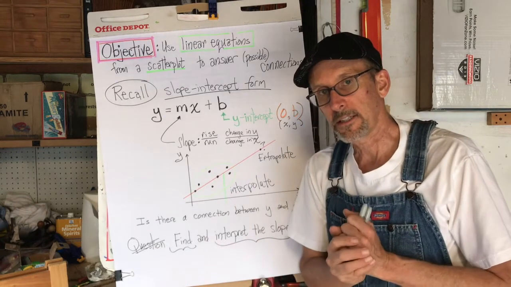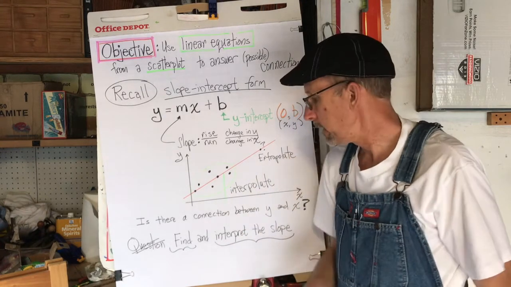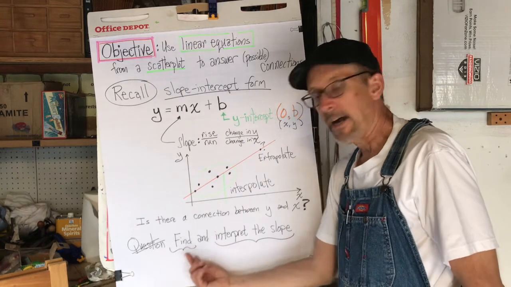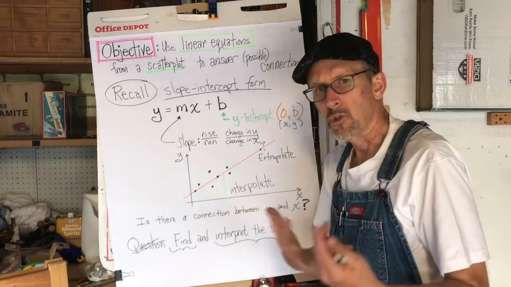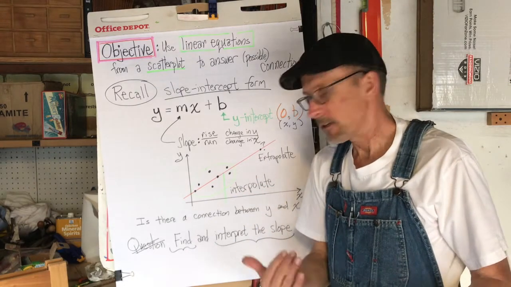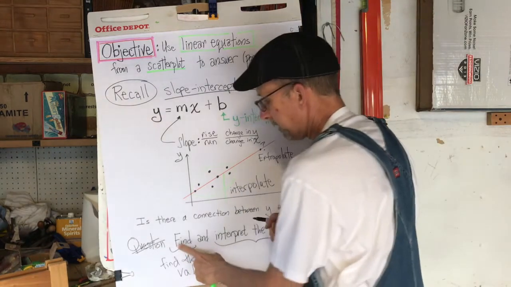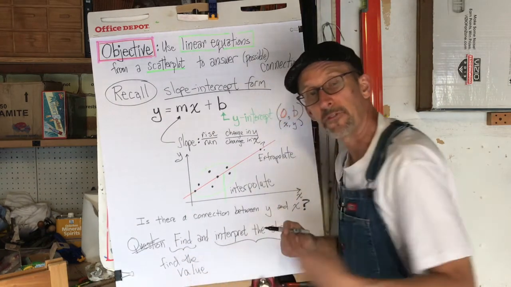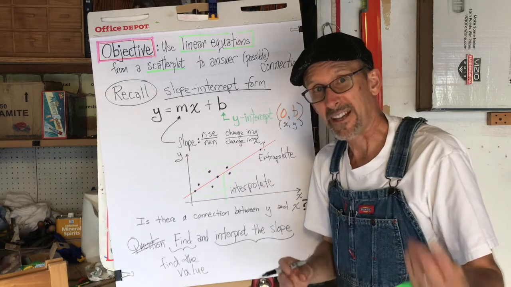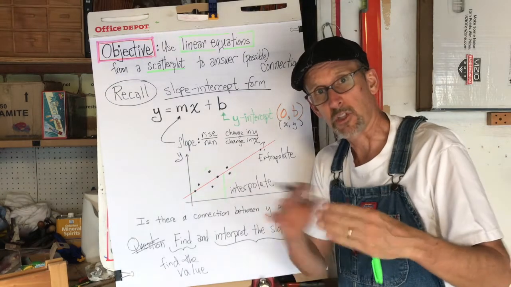One other direction you're going to see, and I just want to elaborate on it, is find and interpret the slope of the line. So what exactly do they mean by that? Because there's kind of two parts to this. When they say find and interpret the slope, first of all, what is the value of the slope? So they actually have to find out what's the change in y over the change in x.